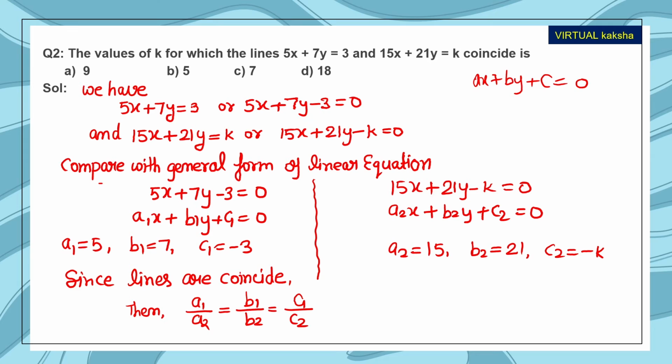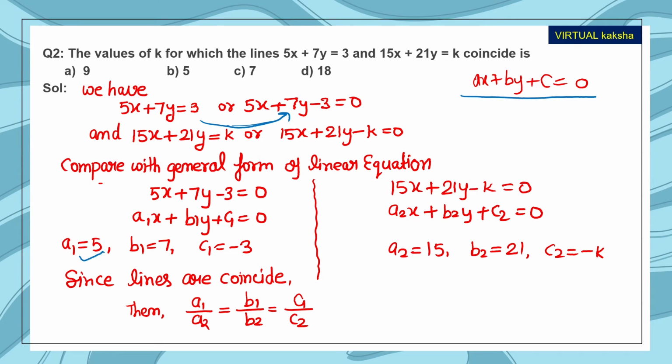We have the equation 5x plus 7y equals 3, which can be written as 5x plus 7y minus 3 equals 0. As we can see, this is our general form of a linear equation. Write both the equations in general form and compare with the general form of a linear equation.